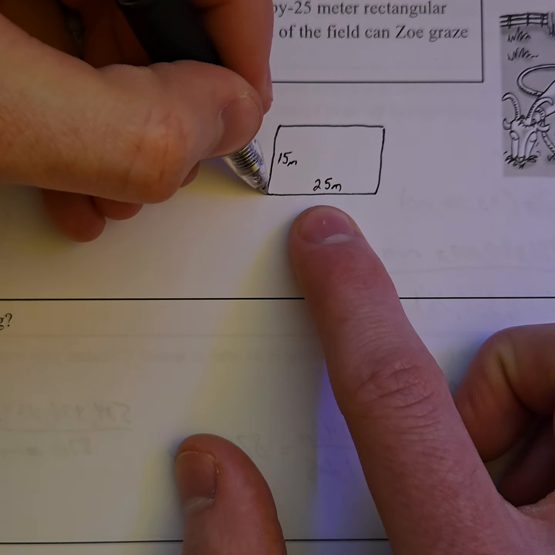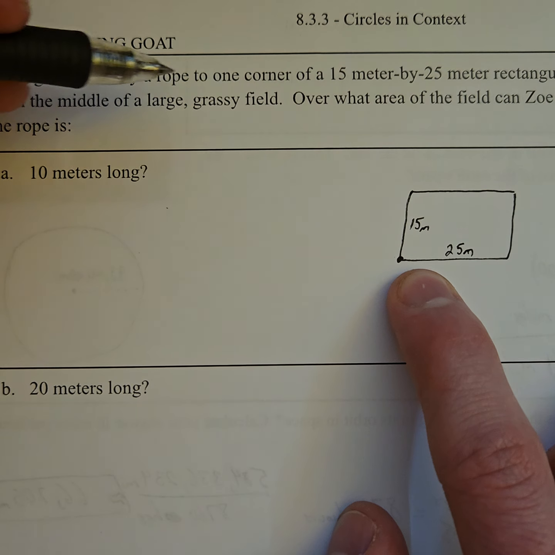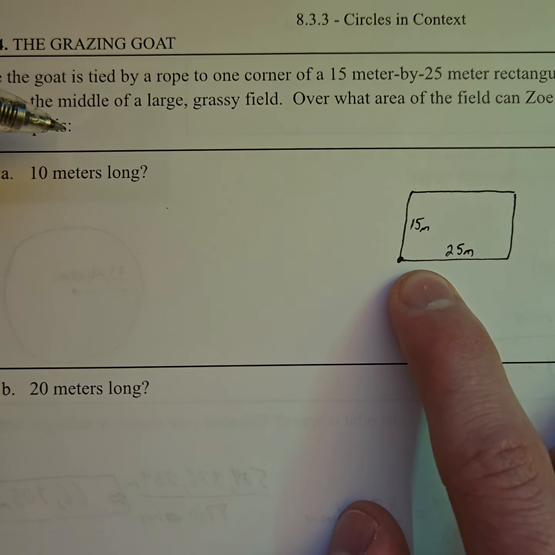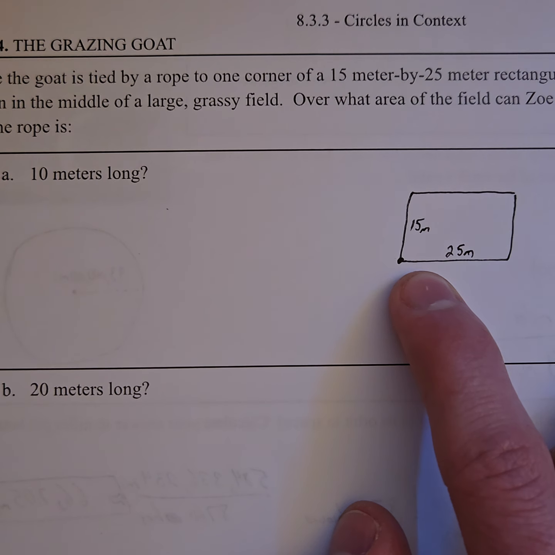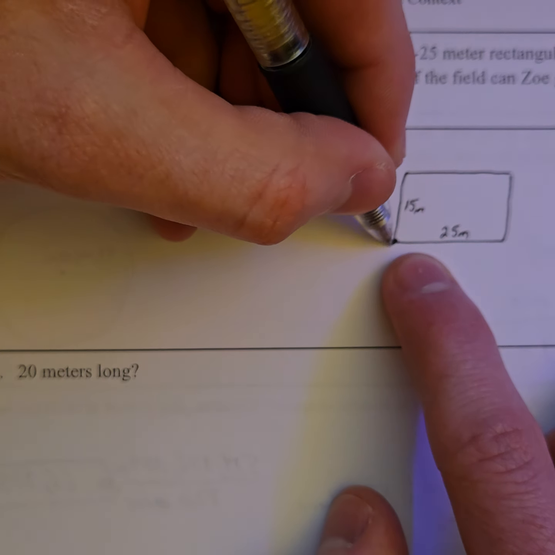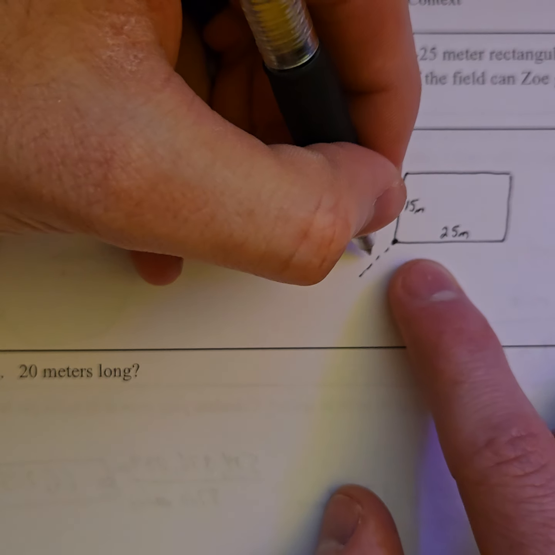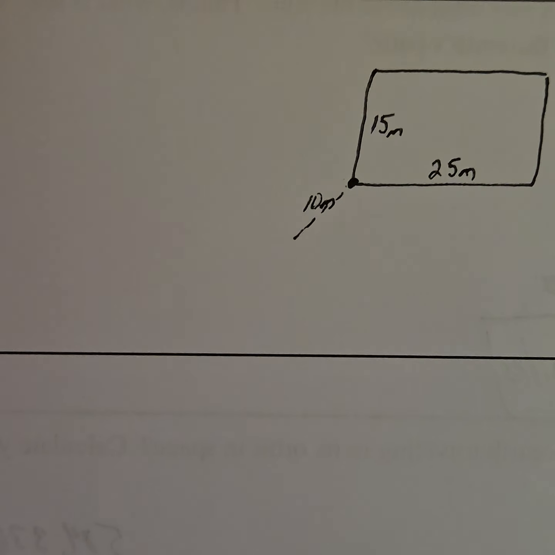Zoe is tied to the corner of the barn, and if the rope is a different length, Zoe's going to be able to cover a larger area of grass, right? So for this first example, we're going to say the rope is just 10 meters long.